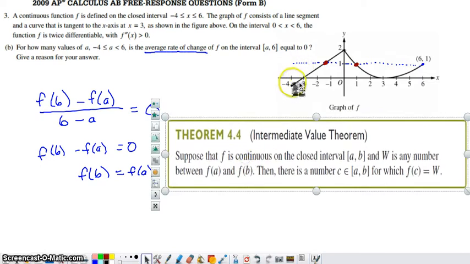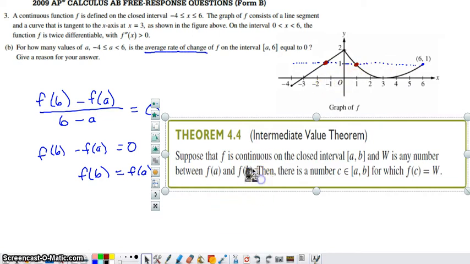There's no way that I can get from this y value, negative whatever, to this y value, positive 2, with a continuous graph, which this line segment obviously is, unless I cross every y value between these two y values at least once at some point in between. Same thing can be said over here. In order to get from this y value at 2 to this y value at 0, I have to cross the y value of 1 at some point in between those two points on the graph, at least once.